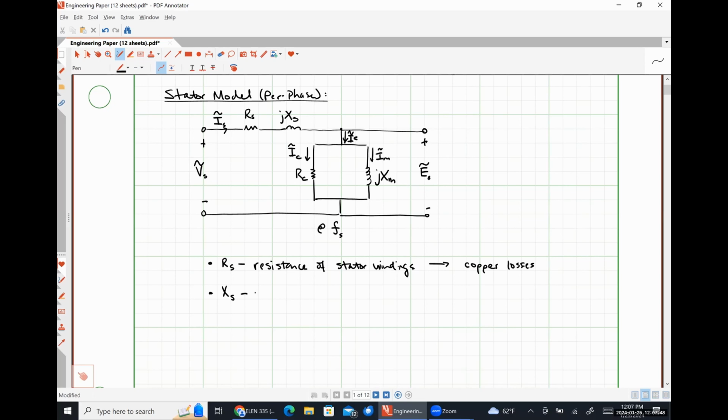XS is the reactance of our stator windings. So this is representing our flux leakage.